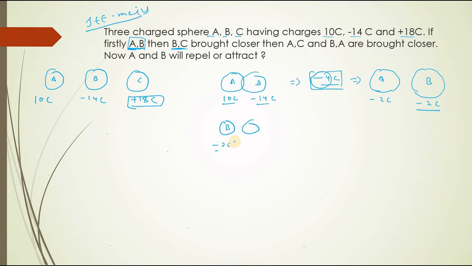So this is having minus 2 and this is having plus 18. When you add them, the net charge of the system will be plus 16 coulomb.